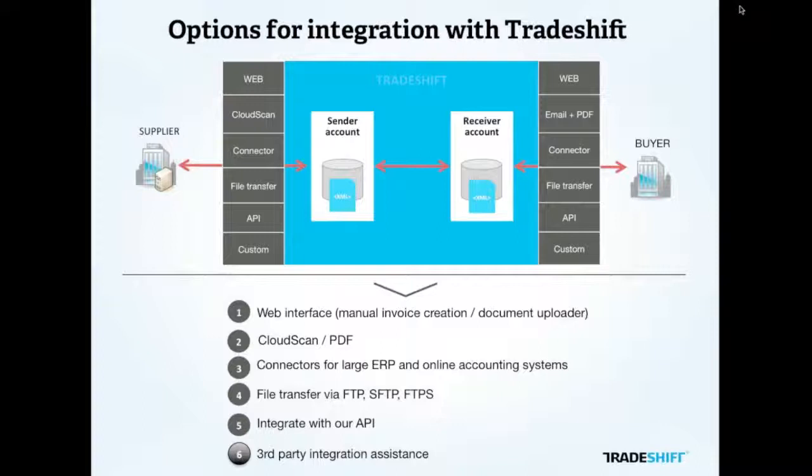And there are also some other custom ways of doing it. So this is a way to really get the uptake up and the volume of invoices up when you onboard your suppliers really quickly, because most suppliers can send a PDF document to you as a buyer.